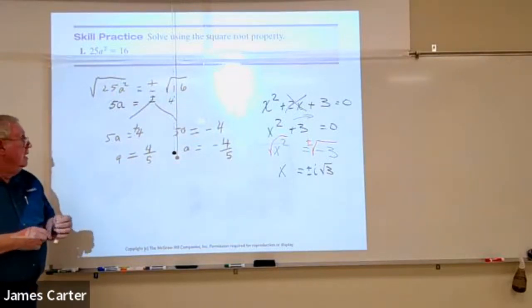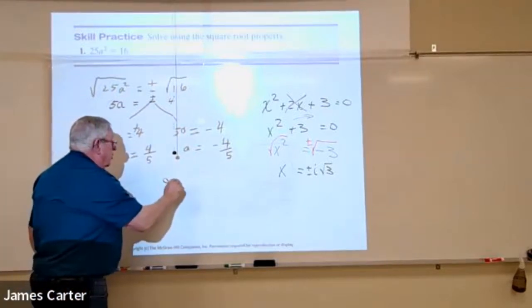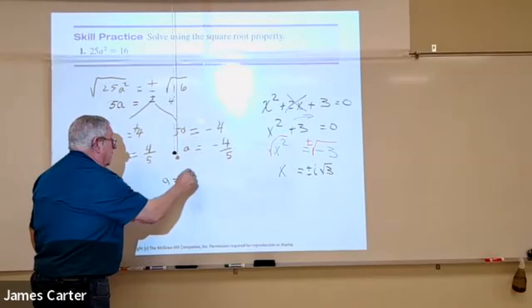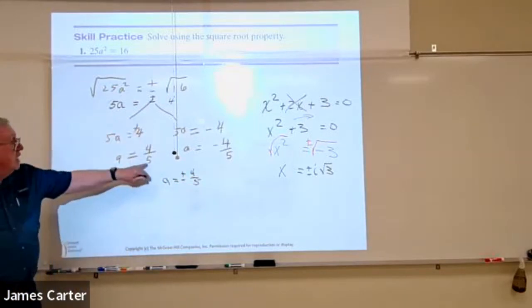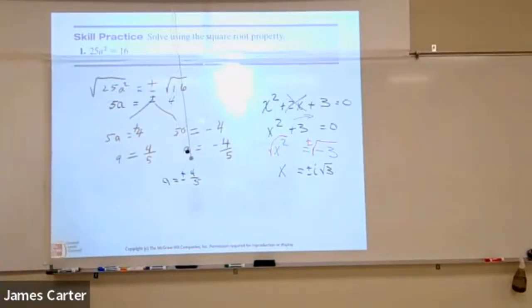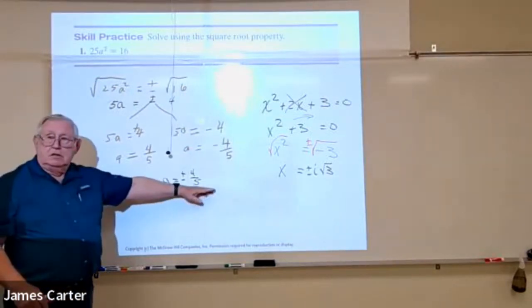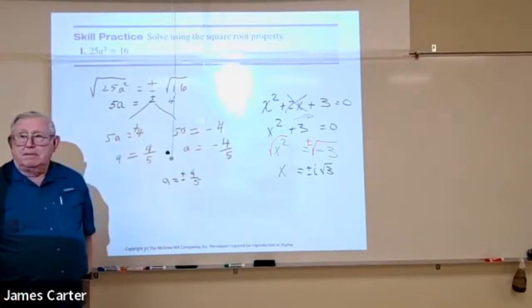Even so, for your first example, you notice it's equal. Actually, your answer right here also could have been shown as plus or minus 4/5 as a final term. This is just how you get that plus or minus. But you can have A equal plus or minus for the final answer. Yeah, for the final answer. Okay, I thought you were asking why did I do the 2 separate parts?